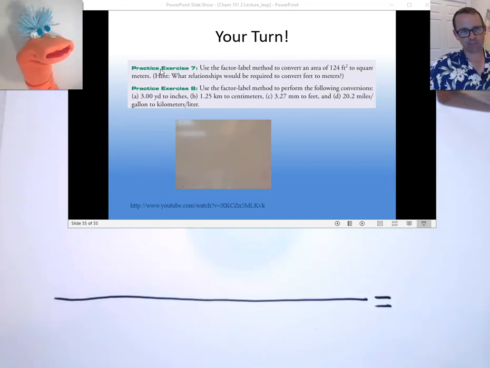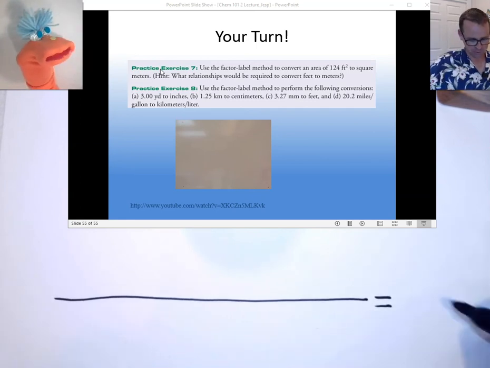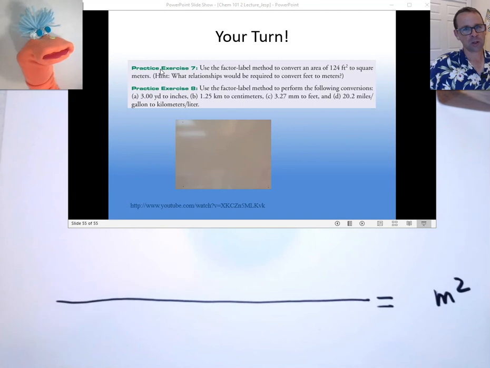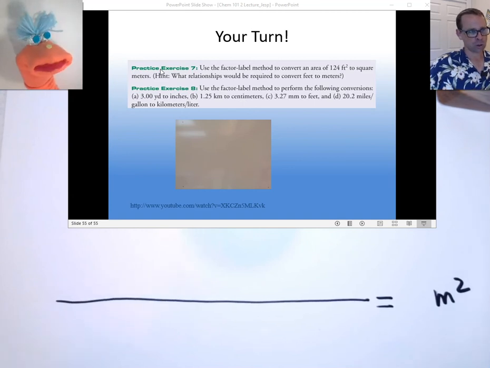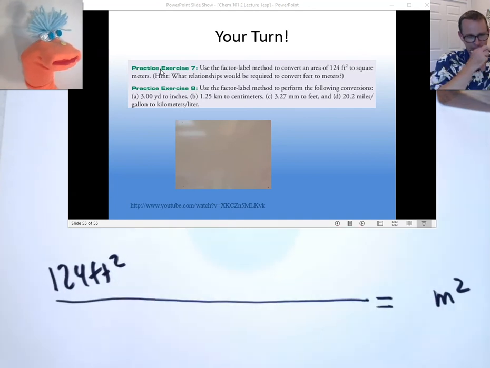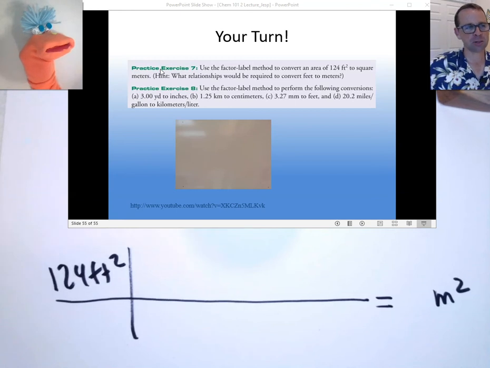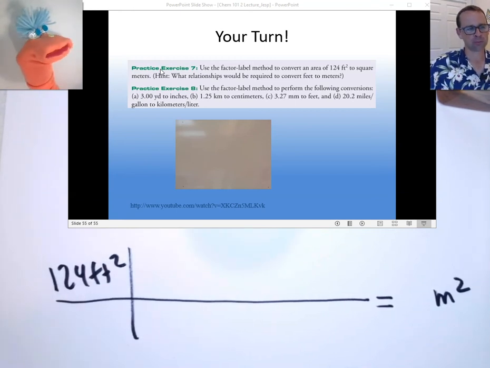Good, now what? To the right of the equal sign goes meters squared. Meters squared. And what do we start with? 124 feet squared. Very good. Where are we going to go from feet? How are we going to get to meters? I don't know. I know feet to inches. That's about all. Very good.